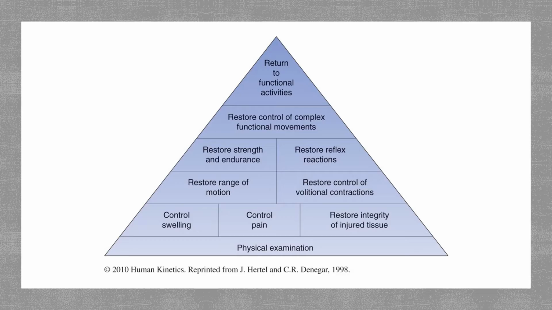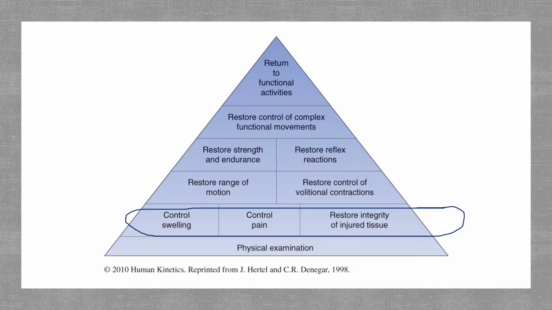So the Hurdle aspect here comes into play where you have the physical examination, and the acute stage with controlling swelling, controlling pain, and restoring integrity of the injured tissue, right? So these are different phases that occur at the same time. Next, we are focusing on range of motion and volitional control of contraction, the idea of muscle activation.